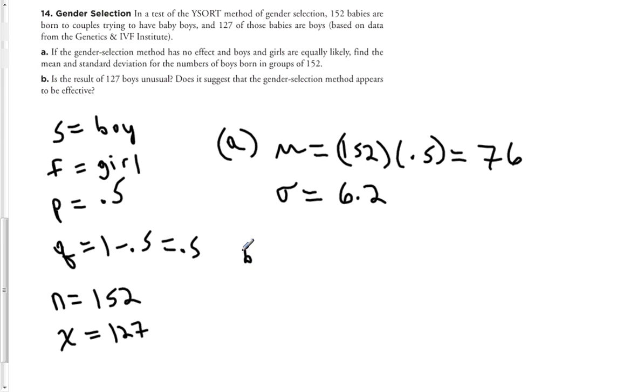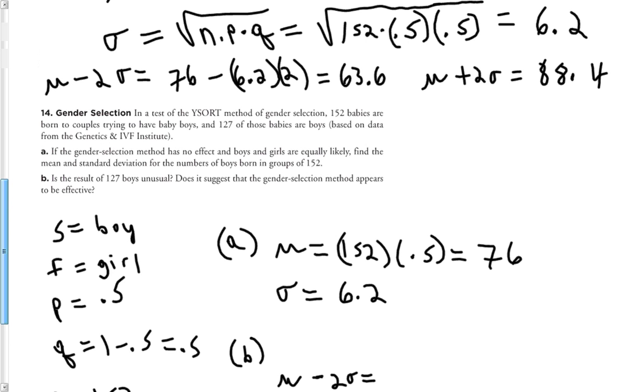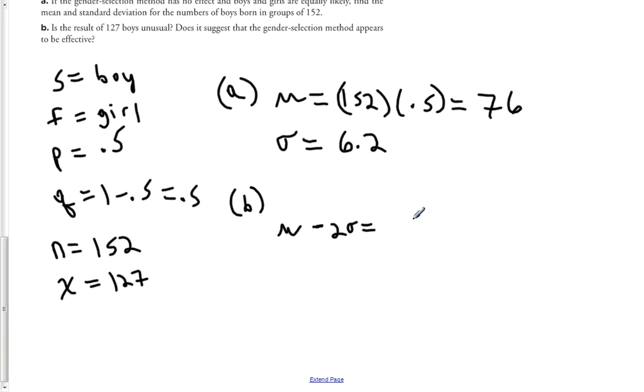Part B, is the result of 127 boys unusual? Well, we had the minimum usual value, mu minus 2 sigma. We found that that was 63.6. This is the minimum usual value.